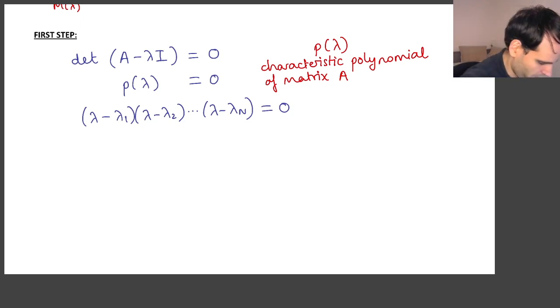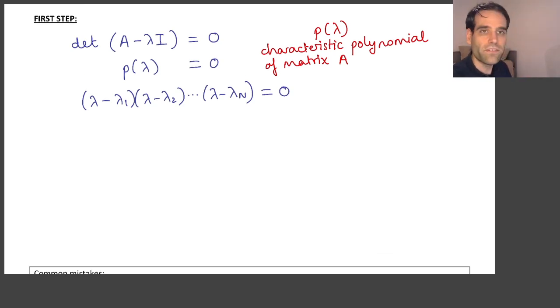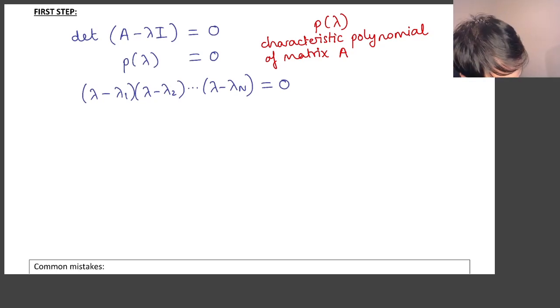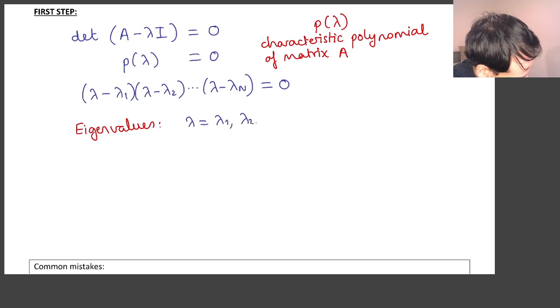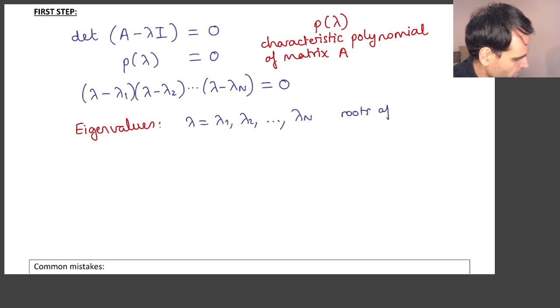So of course, the values of lambda that solve this equation are the values of lambda equal to lambda 1 or lambda 2 or lambda 3 or up to lambda n. So the eigenvalues will be lambda equals lambda 1, lambda 2 up to lambda n, the roots of the characteristic polynomial.